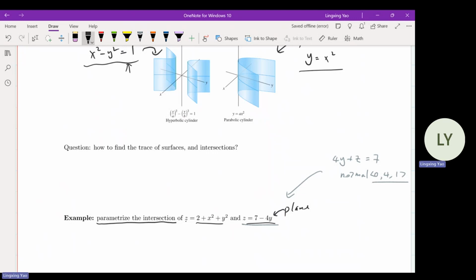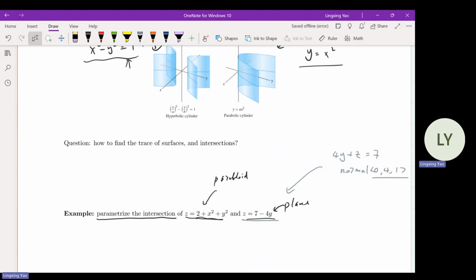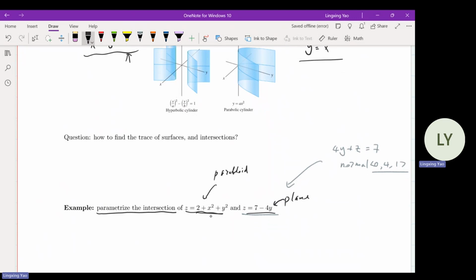For this one, I can tell you it is a so-called paraboloid. You can just imagine that because x squared plus y squared is non-negative, and you add 2 to it, it's always positive for z, and z has a minimum value of 2.